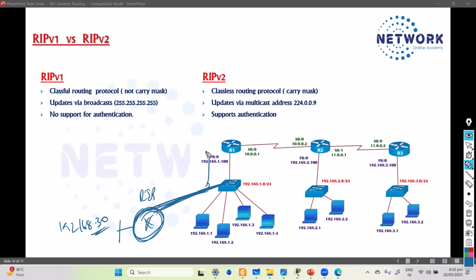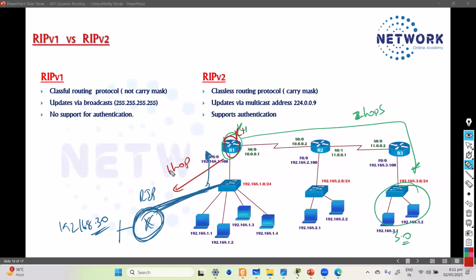So from router 1, the actual 3 network is 2 hops away, but he will tell router 1 that it is only 1 hop.